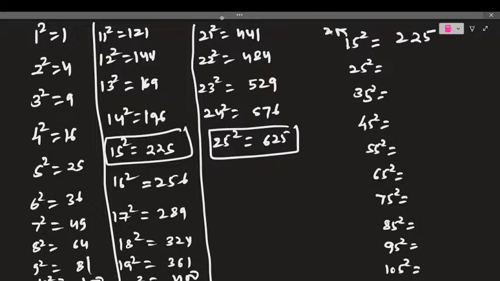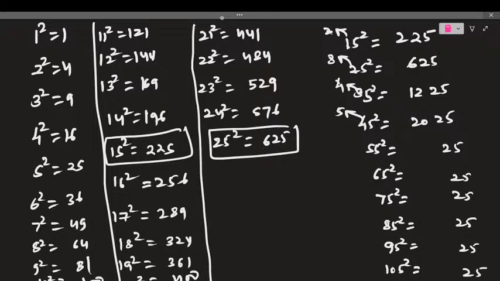You will increase this 2 by 1 and multiply these two. You will increase this 3 by 1 and multiply these two. You will increase this 4 by 1 and multiply these two. 25 will be the last two digits in all of them, and for the initial digits you will increase by 1 and multiply.